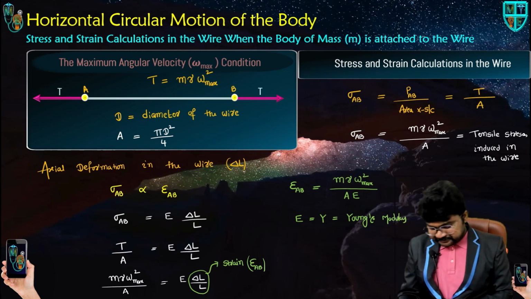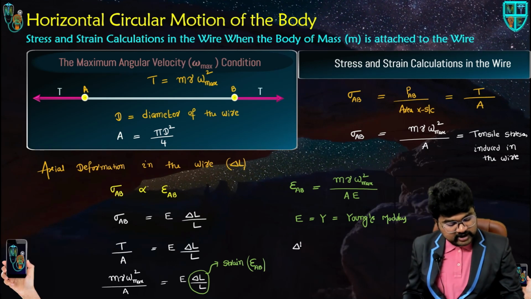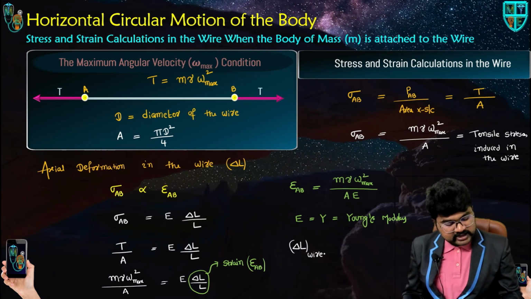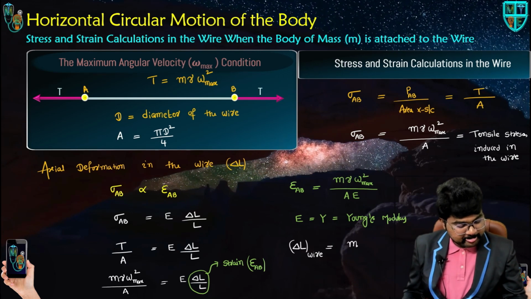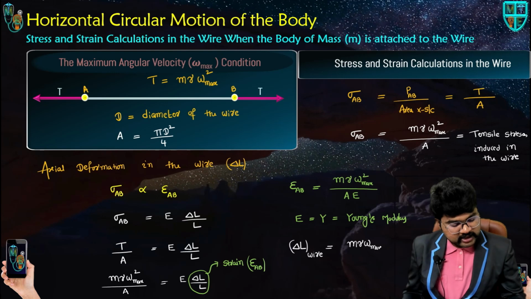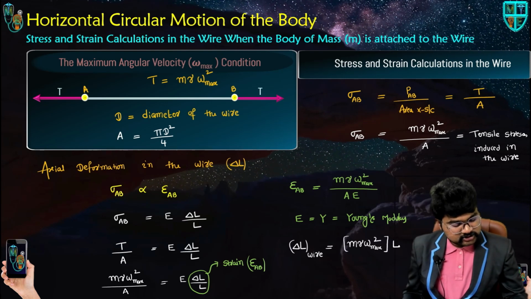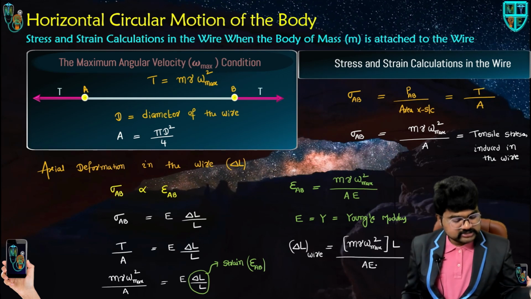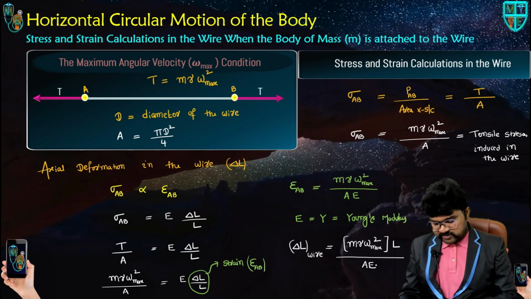So what is delta L from here? Axial deformation in the wire AB: m r omega maximum square into length of the wire by A E. R is equal to L here. This is axial deformation in the wire.